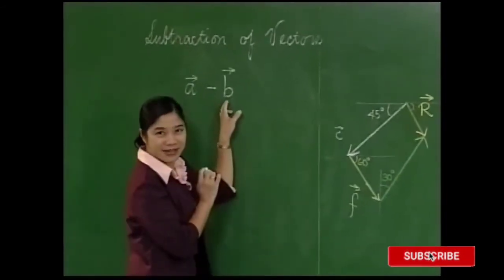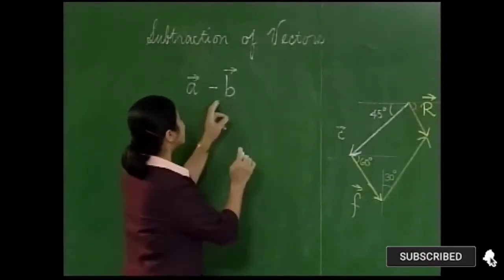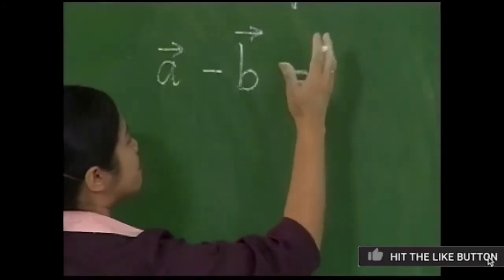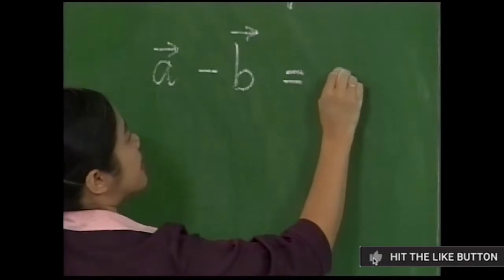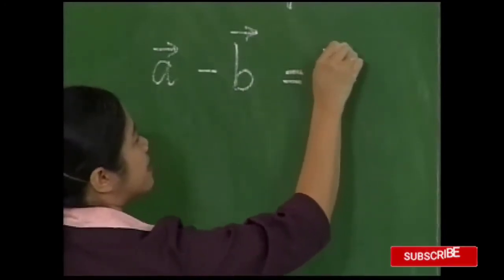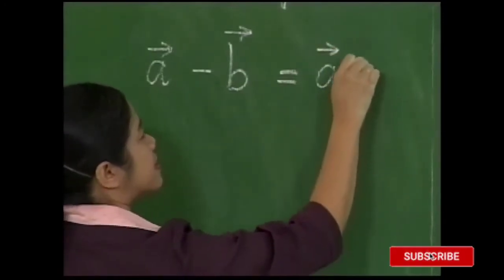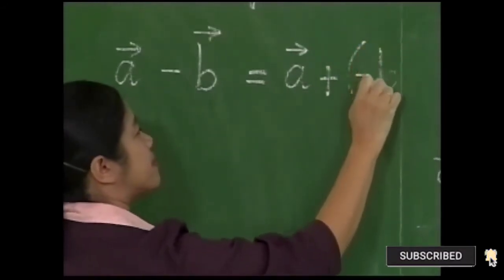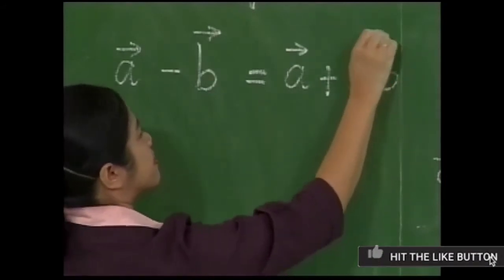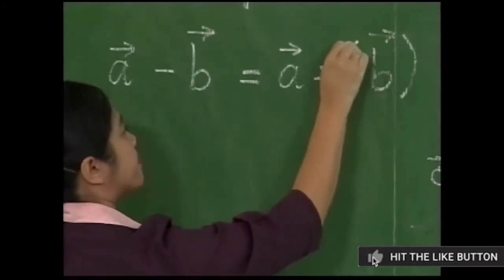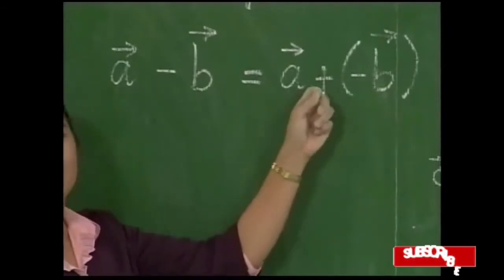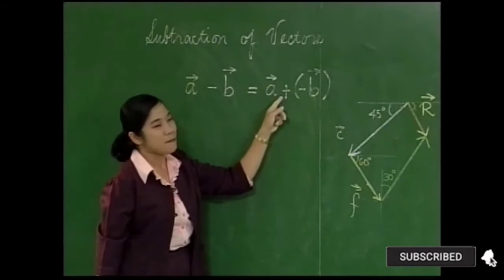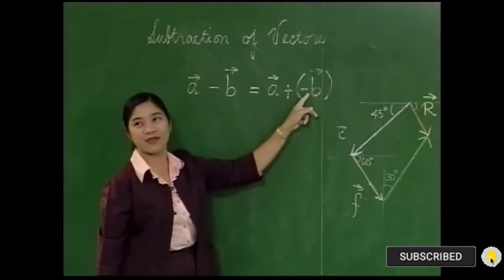A minus B is nothing but, as you have learned from algebra, the inverse of addition, this is just A plus the negative of B. So subtraction is just like addition, but you have the negative of the vector.